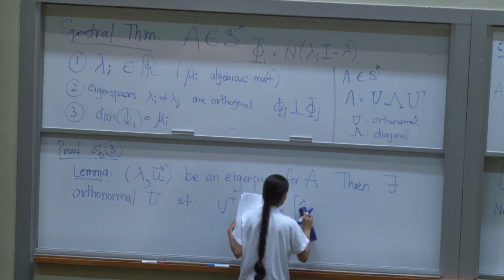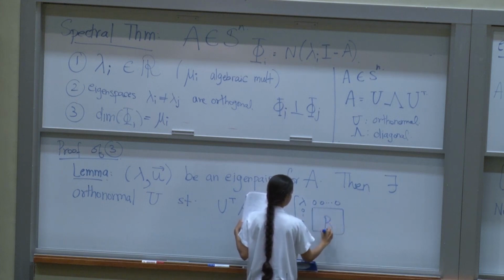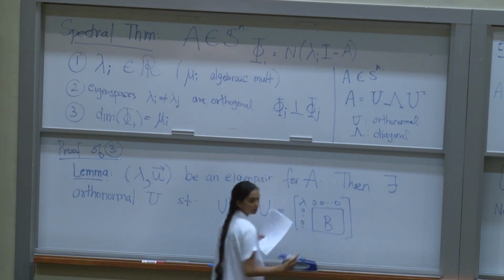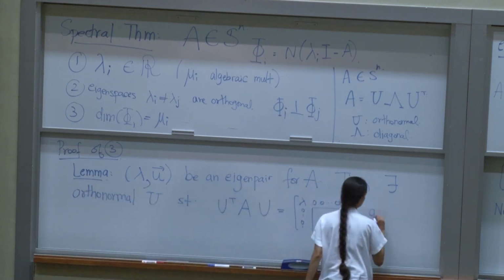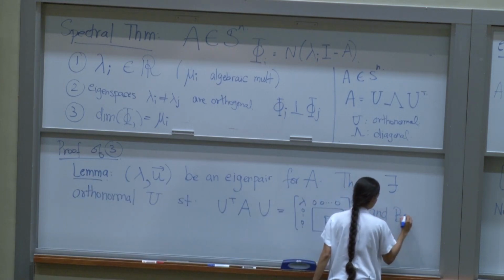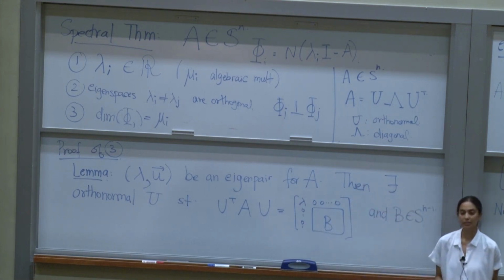Maybe that's confusing. And a B here. And B is symmetric. So what is this lemma saying?